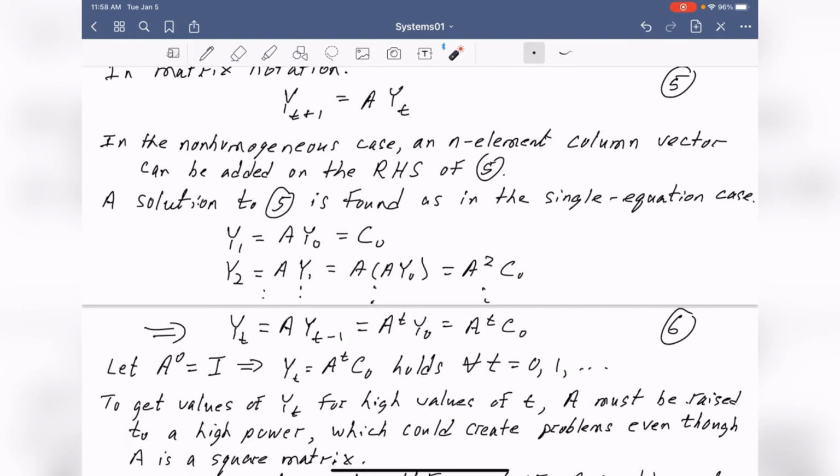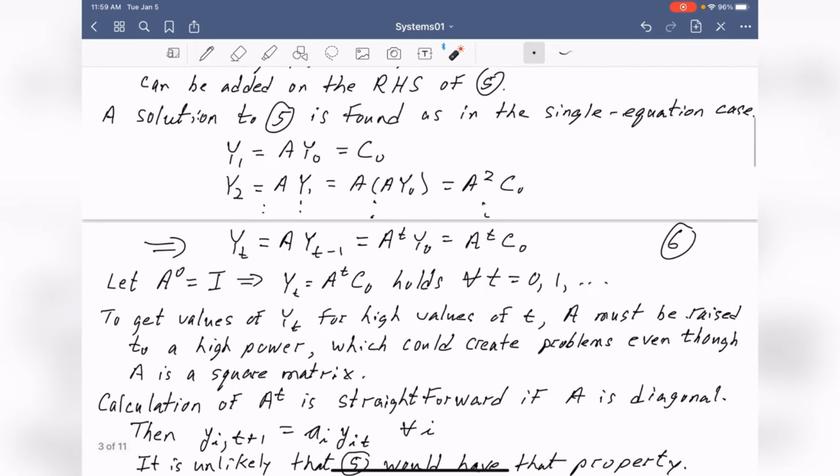A solution to the equation we just mentioned, Y(t+1) = A Y(t), is found as in the single equation case: Y1 = A Y0 = A c0, where c0 refers to the initial conditions. Then Y2, the second time period, is A Y1, which is A times A Y0, equal to A squared c0.